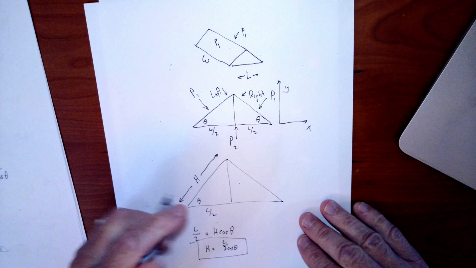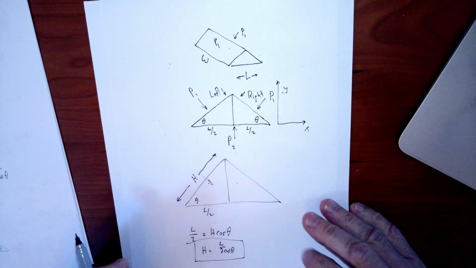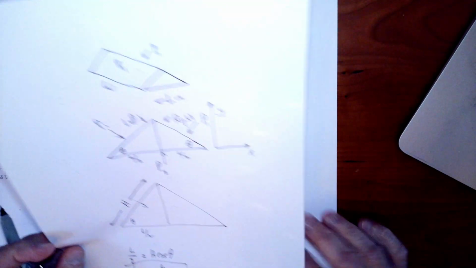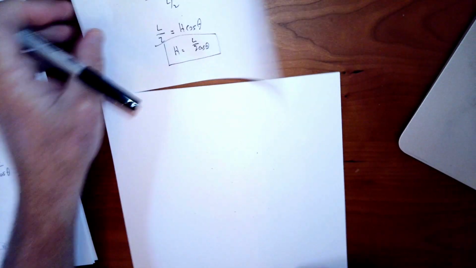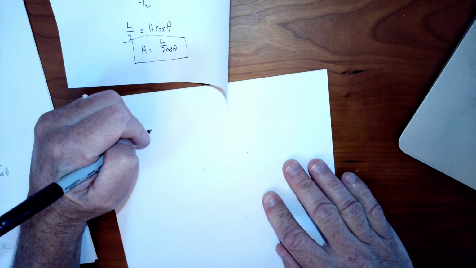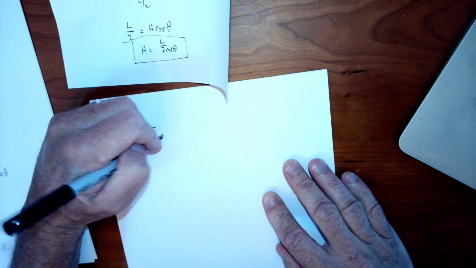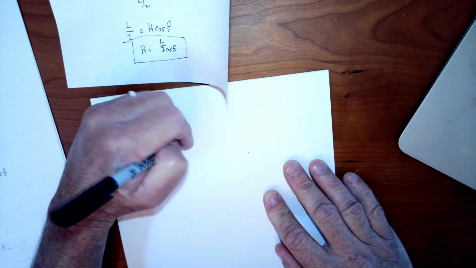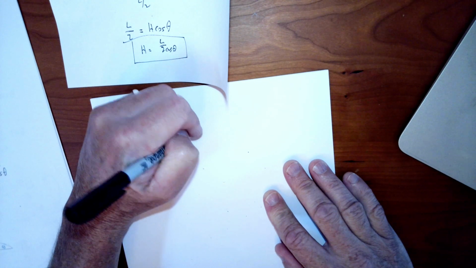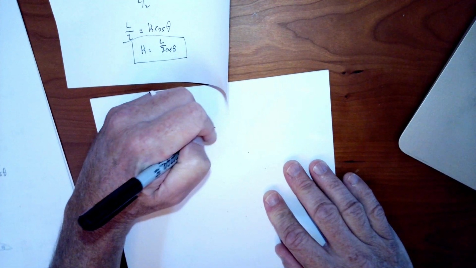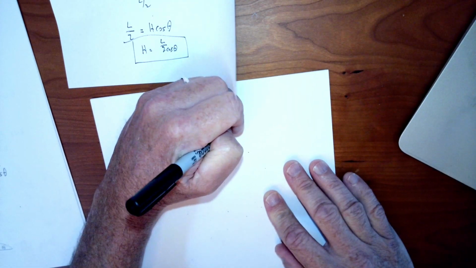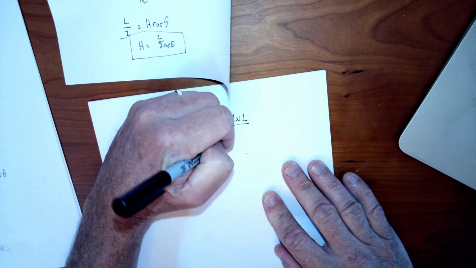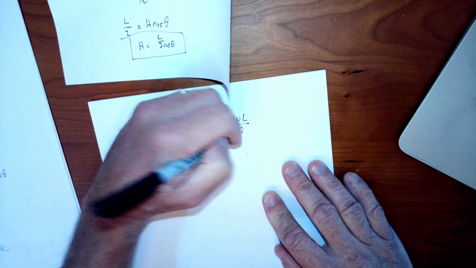Now if we want to calculate the total force on this surface, we have to calculate the magnitude of that force. So the magnitude of the force on the left side is going to be the pressure P1 times the width times H, which is equal to P1 times the width times the length divided by 2 cosine theta.